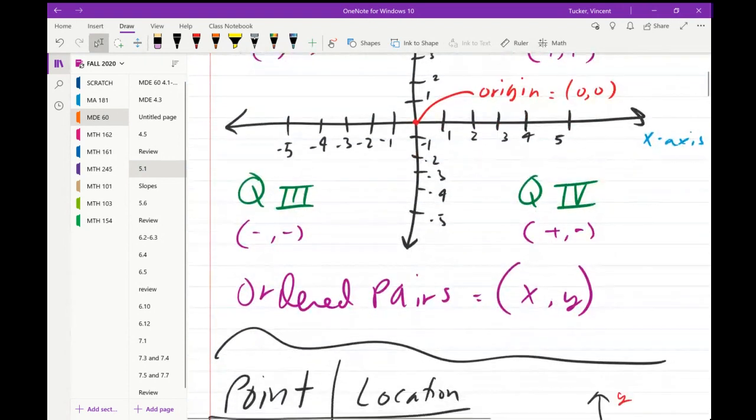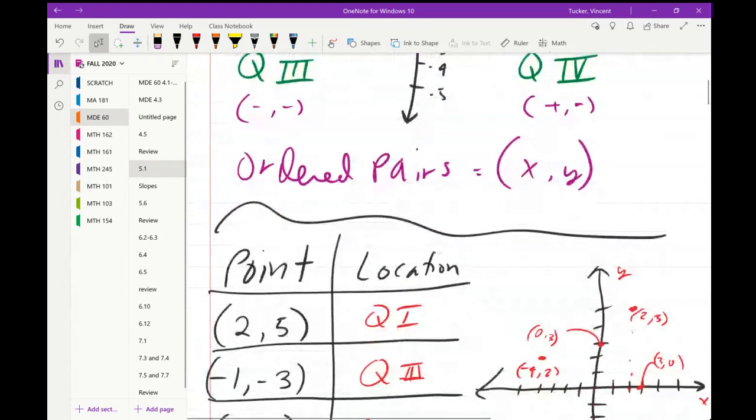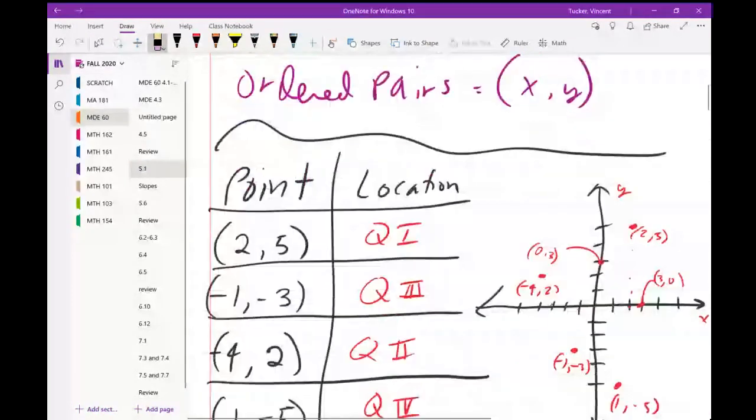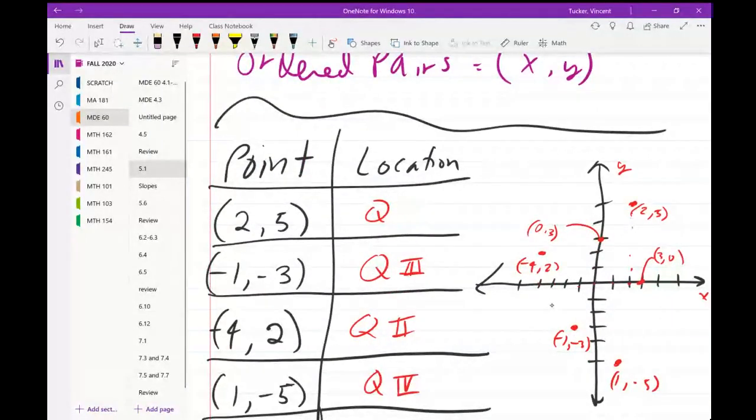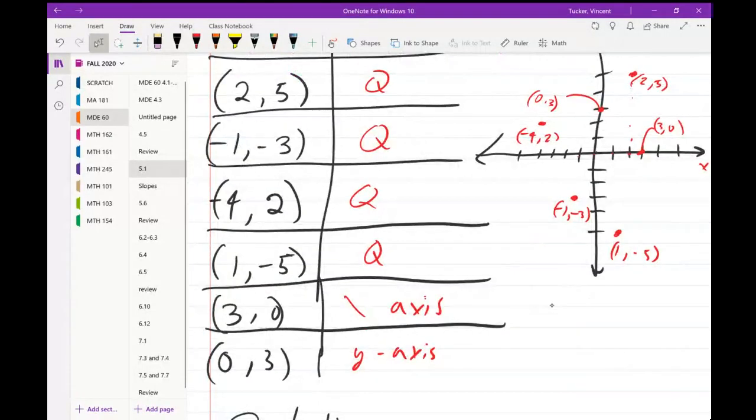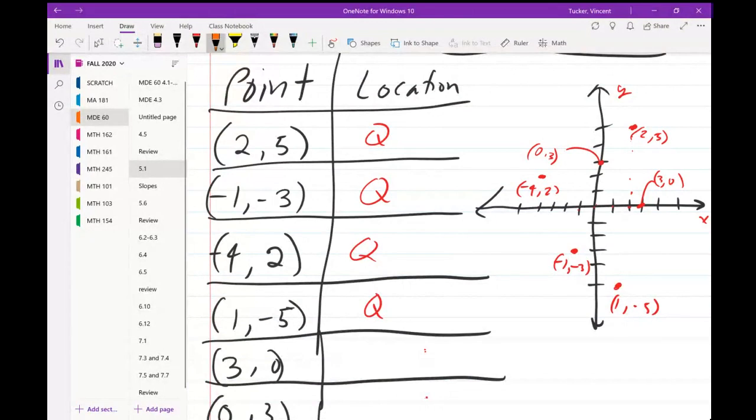All right. So let's look at graphing some of these. Just walking through stuff. Guess I kind of left them up there. I'll just write on top of it.